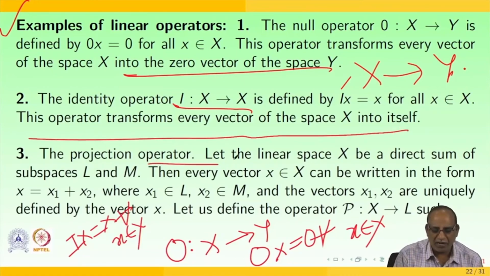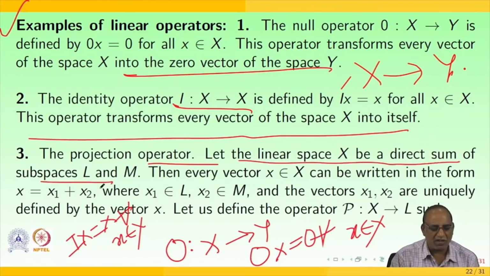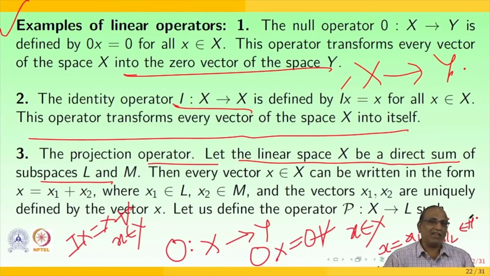The projection operator. Let X be a direct sum of the subspaces L and M. That means for x you will have x1 plus x2, where x1 belongs to L and x2 belongs to capital M. And P is the operator mapping the vector x to x1 in L. So essentially you will have the zero operator, the identity operator, and the projection operator.